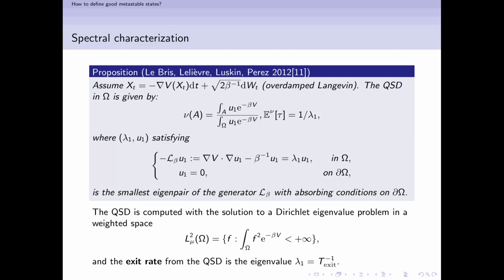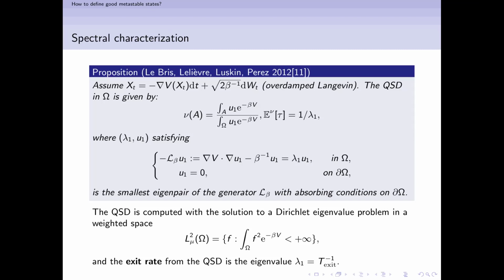So here you have the gradient of the potential, and this Brownian term. In this case, the QSD distribution in omega, you can simply write it in terms of a certain function, U1, which is given as a solution to an eigenproblem in omega.